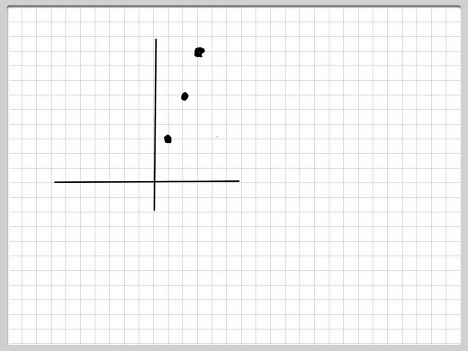What kind of graph is this going to create? I just picked 3 very specific values, but there's infinitely many values I could pick. What's it going to be? Somebody give me a guess.